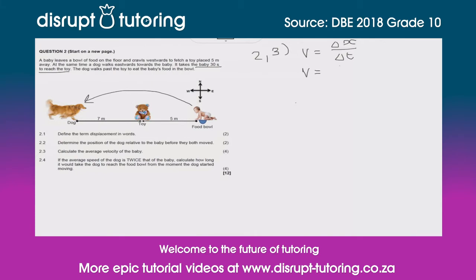We know the change in position is 5 meters, and we know it takes 30 seconds. So the average velocity of the baby is then 0.17 meters per second, and this needs a direction because it's a velocity: west. If they asked for speed, you wouldn't need to put the direction, but this is a velocity, which is a vector, which needs a direction.